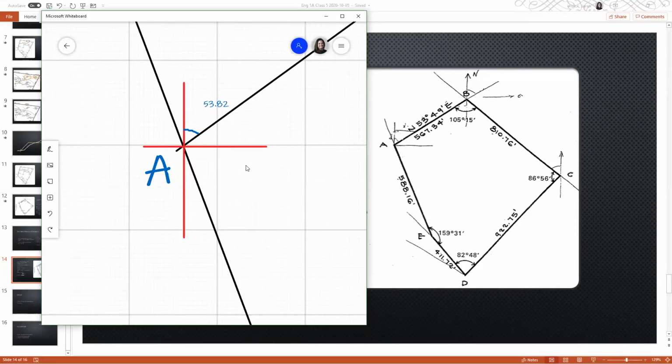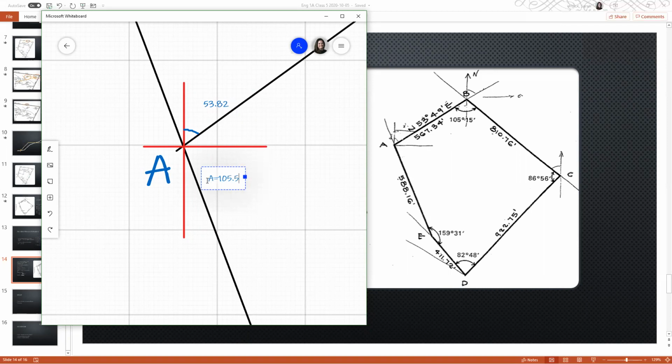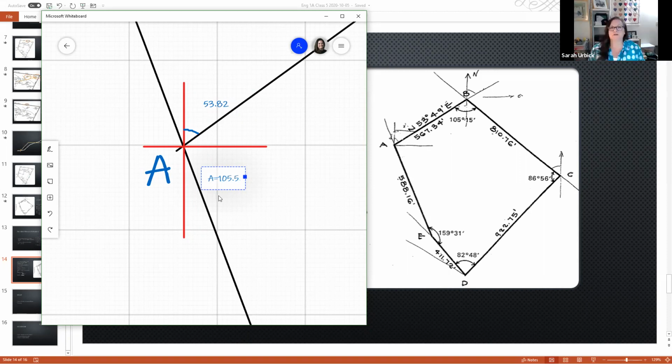Let me do that. 105.5. All right. So Mason's saying that this angle A is 105.5. Okay. How do we double check that?